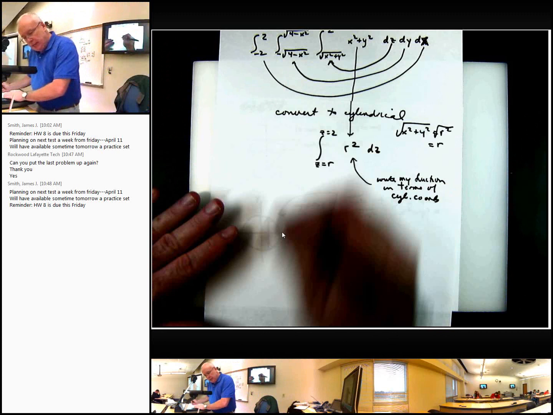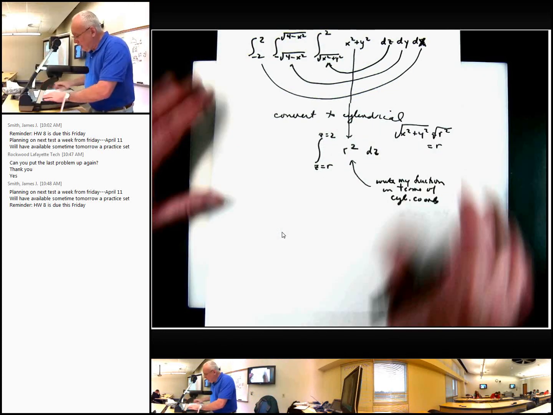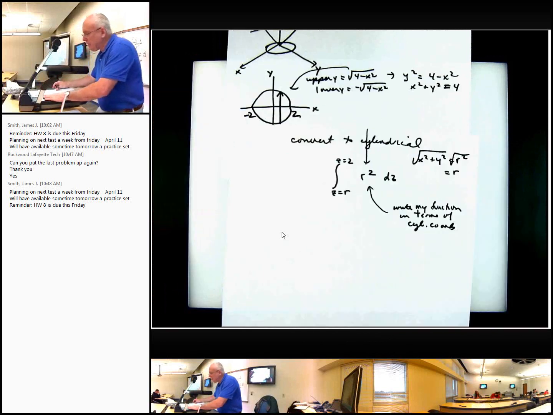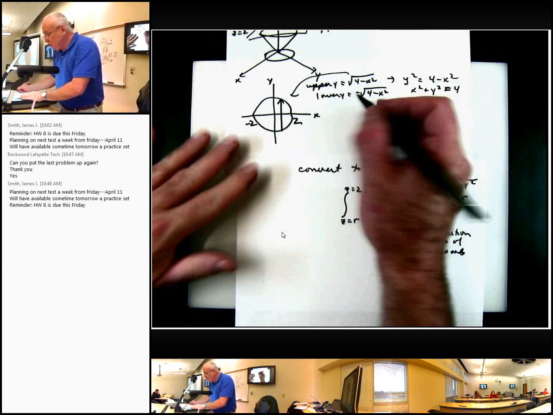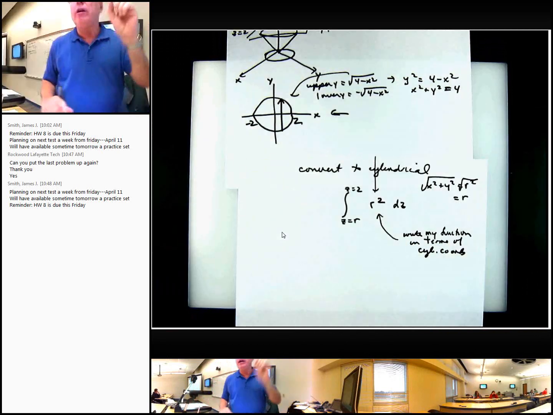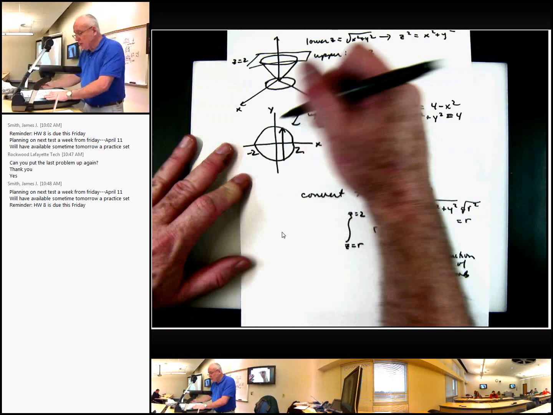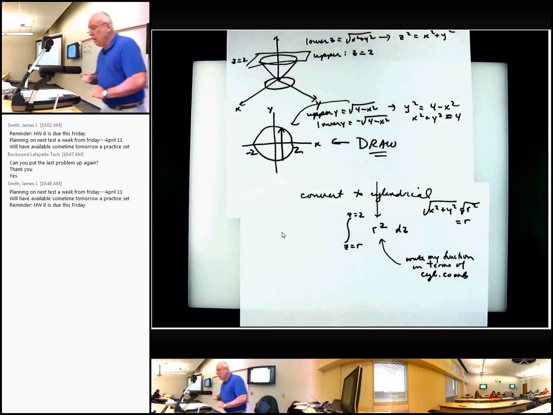Let's go beyond that. Now here, actually, I take back what I just said. I think at the very least, you should draw this in order to get your r and d theta. So this projection onto the xy plane, you definitely should draw.